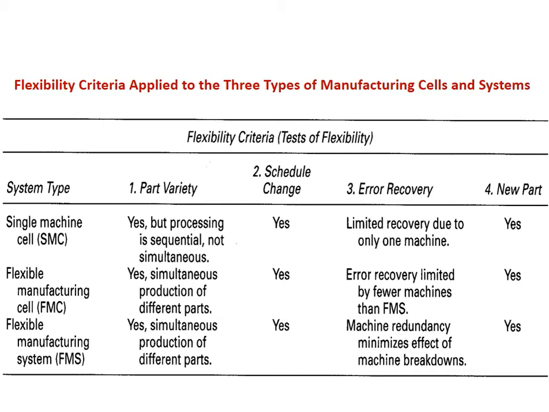In that way they are going to manage the error recovery. Whereas in the flexible manufacturing system, we have machine redundancy. Redundancy is nothing but spare machines. So we will keep some machines as spare and redundant and minimize the effect of breakdown. Even if the breakdowns happen, we can effectively continue the operations without any chaos or complexity.